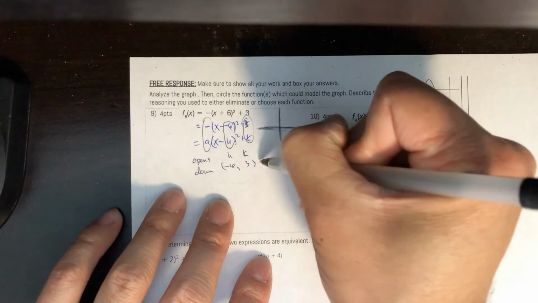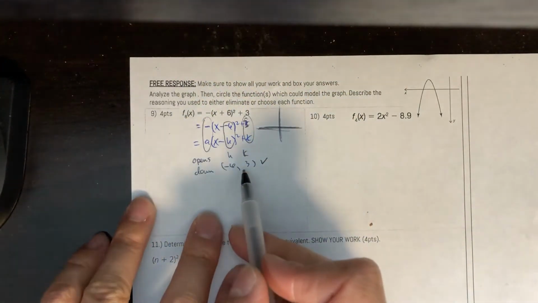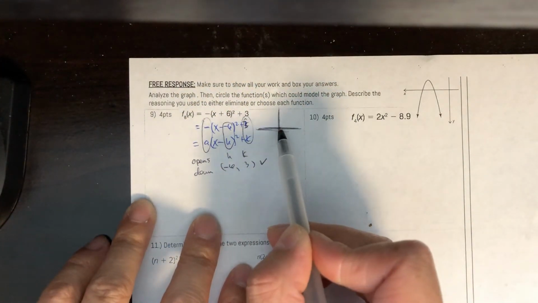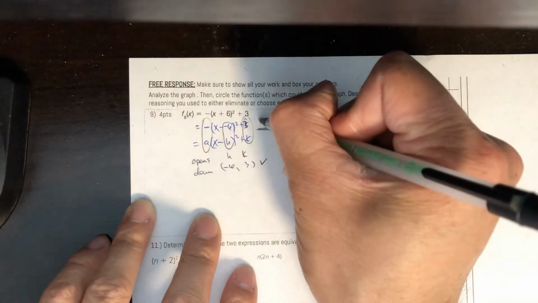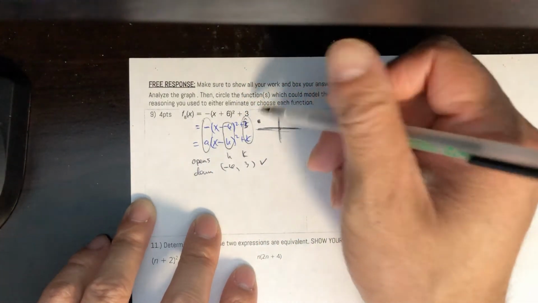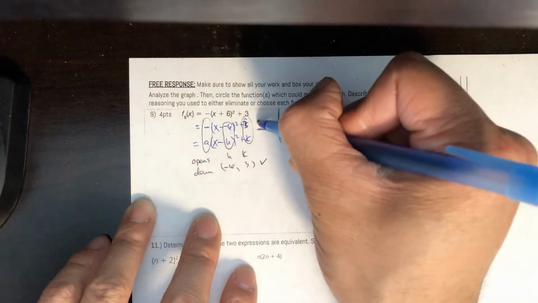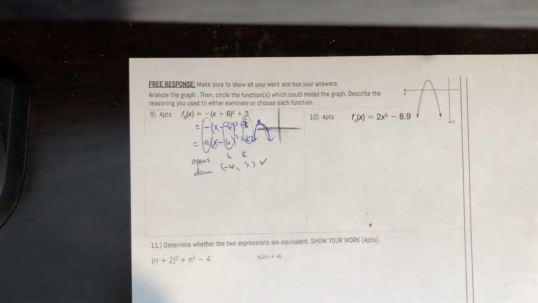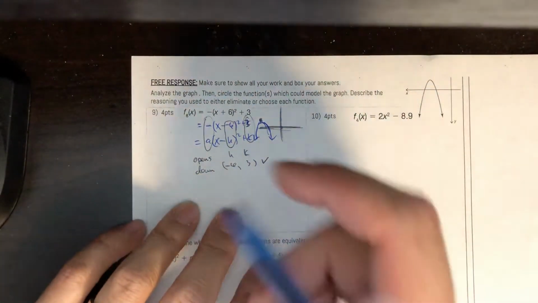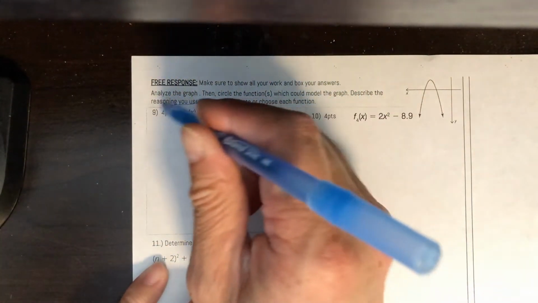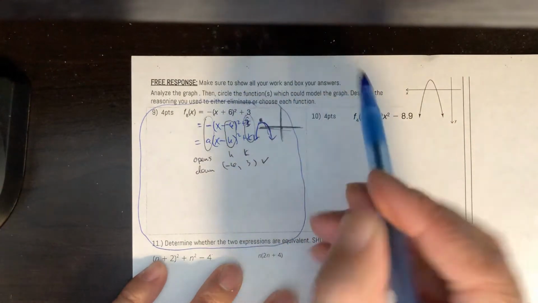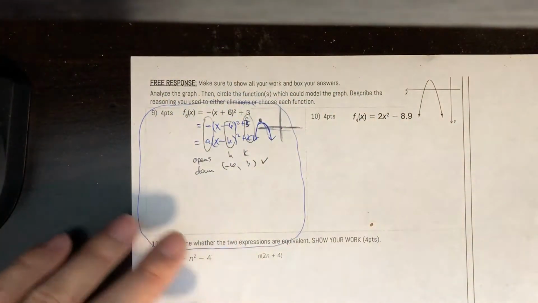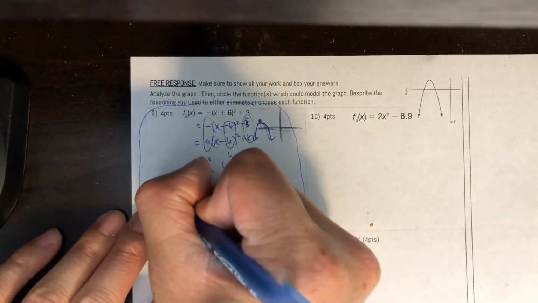So I have a vertex at -6, 3, so that would be left 6, up 3, and it opens down. So my graph's probably gonna look something like this. And then if I compare it to the graph, that is the case. So I'm gonna circle this bad boy, and now I'm gonna describe the reasoning.